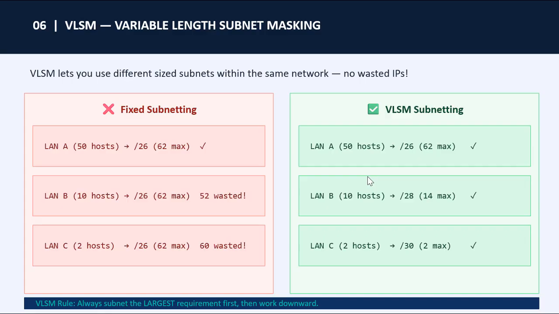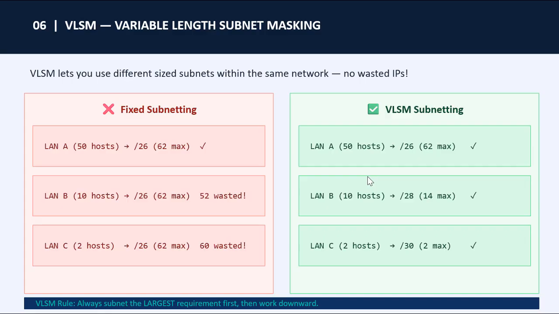With fixed subnetting, if LAN A needs 50 hosts, you give /26, which supports 62. That's fine. But if LAN B only needs 10 hosts, you give it /26 too, and 52 addresses are wasted. And if LAN C needs just 2 hosts for a point-to-point link, you're wasting 60 addresses. That's inefficient. And you're dealing with scarce public IP addresses, and every address matters.